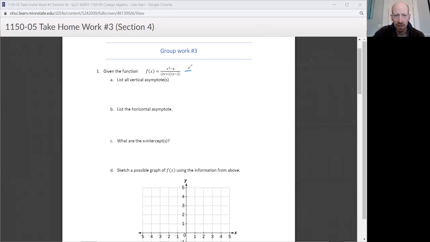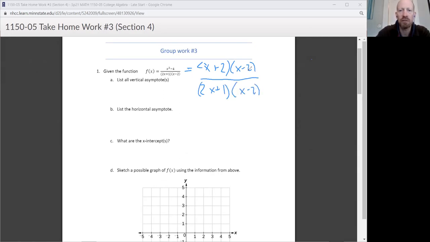And so the top here factors as x plus 2 and x minus 2, and the bottom is 2x plus 1 and x minus 2.